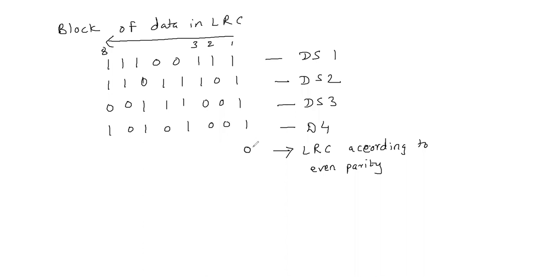Similarly, if you go to the next, you see only one 1, so we'll write here an additional bit to make it even. Remember, we are making it even, so I will add 1, so that the entire column will contain an even number of ones. Here two ones are there, that means even, so we'll add 0. 3 ones, to make it even we have to add 1. Here it is already odd, so we'll add 1. Here it is 0 and it is 1.